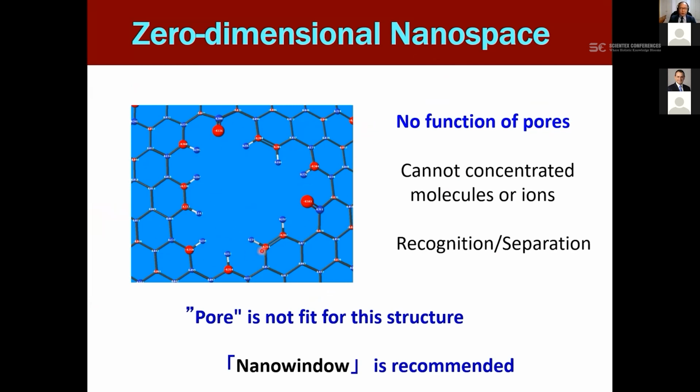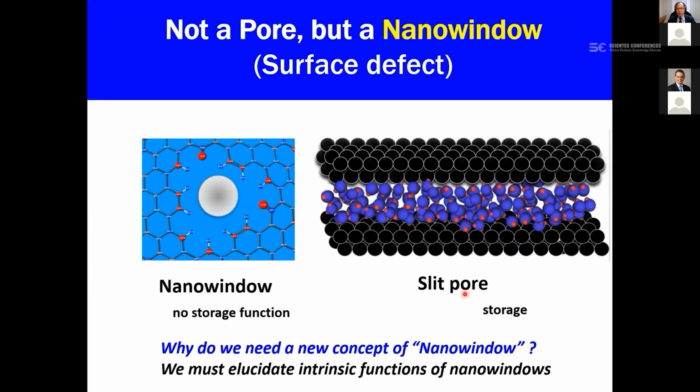We call this structure nano windows, because often in the literature this structure is called a nanopore, but this is not a nanopore because the function is very different from these nano windows. At first, I want to mention this one. The right side figure shows the typical adsorbed state of molecules in pores.